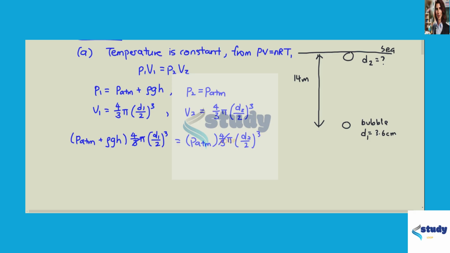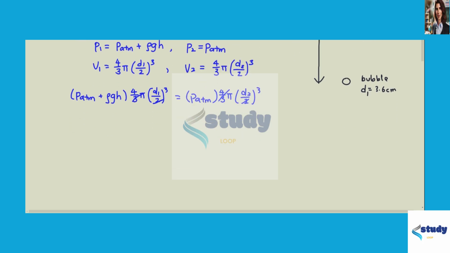The 4/3 pi cancels out, and the half also cancels out. We are interested in d2. So d2 is equal to ((atmospheric pressure plus rho gh) divided by atmospheric pressure) to the power 1/3 times d1.